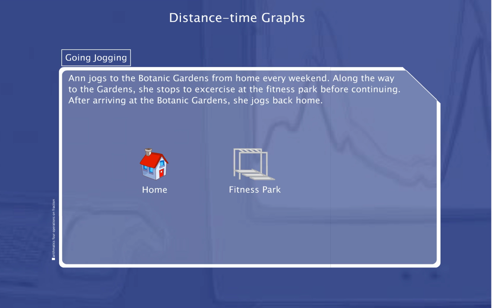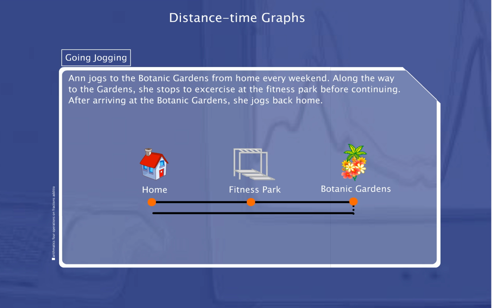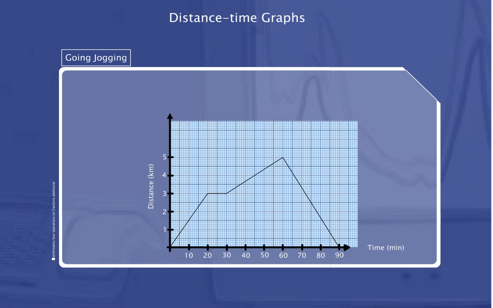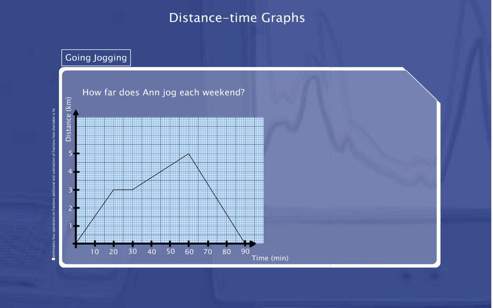Anne jogs to the Botanic Gardens from home every weekend. Along the way to the gardens, she stops to exercise at the fitness park before continuing. After arriving at the Botanic Gardens, she jogs back home. The travel graph below describes her journey. How far does Anne jog each weekend?